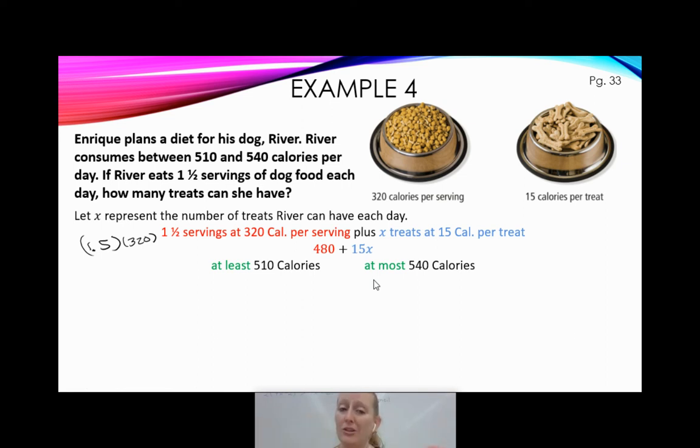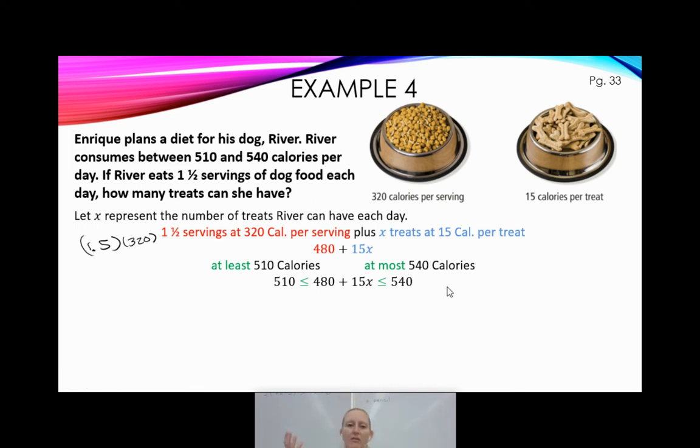But we don't want to go under 510 and we don't want to go over 540. This sounds like an and inequality, a compound inequality, right? I want it to be 510 at the lowest. So I want 510 is less than or equal to 480 plus 15x. But I want it to be 540 at the most. So I'm going to say less than or equal to 540.